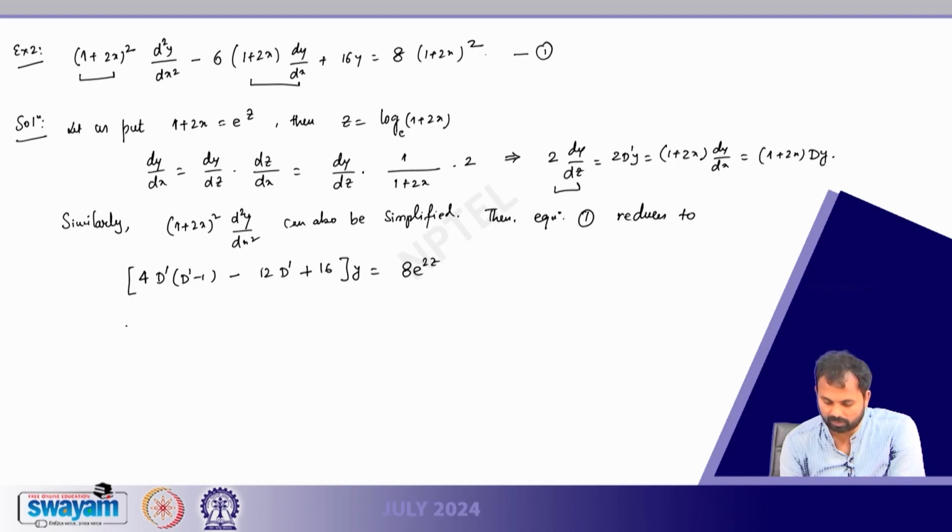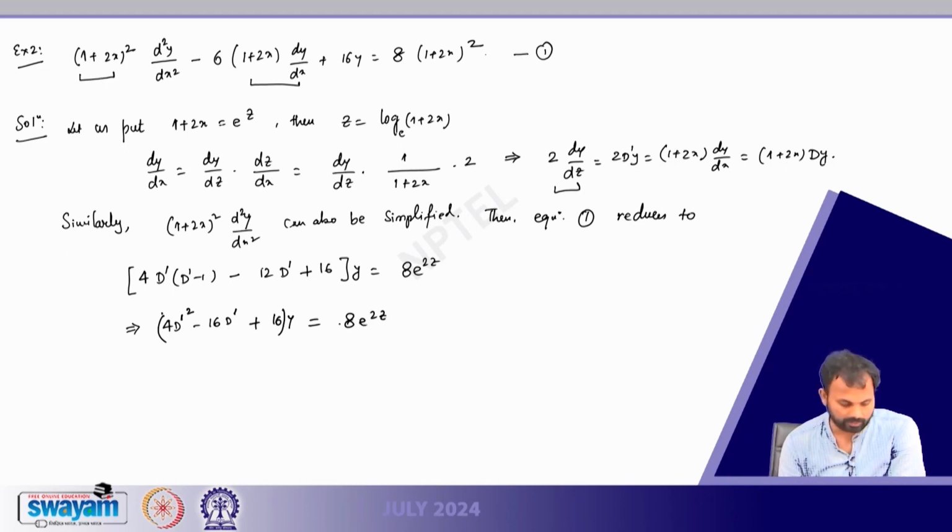This can be further simplified to 4D'squared minus 16 D' plus 16 y equals 8 e to the power 2z.